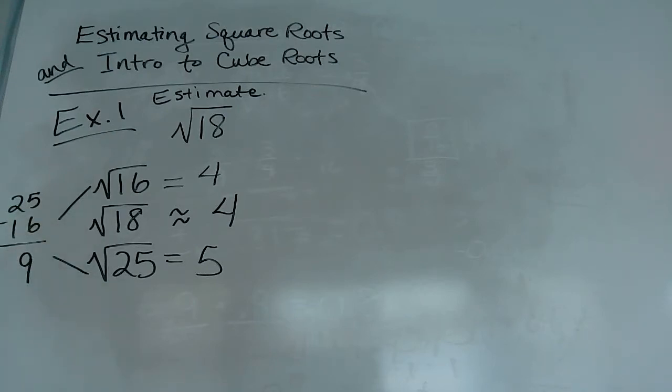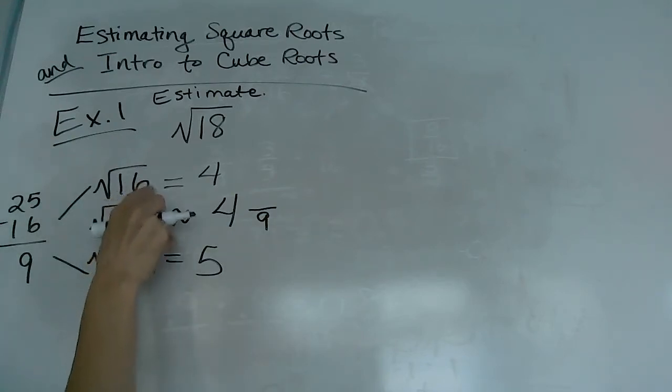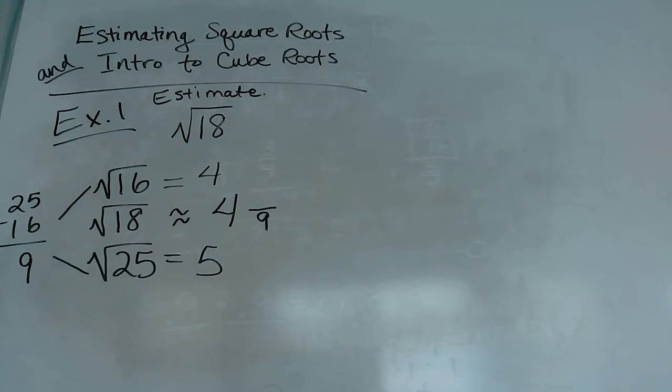So you have 9 spaces between 16 and 25. That would be your total spaces between those two numbers. And 18 is 2 spaces beyond 16, so that would be your numerator. This is not the value of the square root of 18, but it is an approximate, it's an estimate. So the square root of 18 is about 4 2/9.